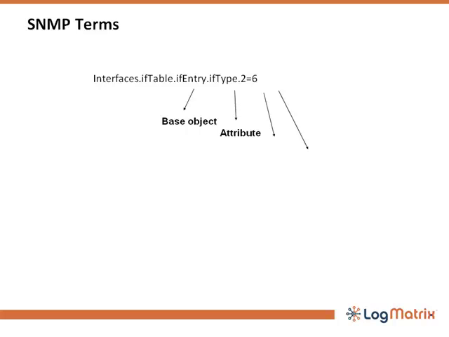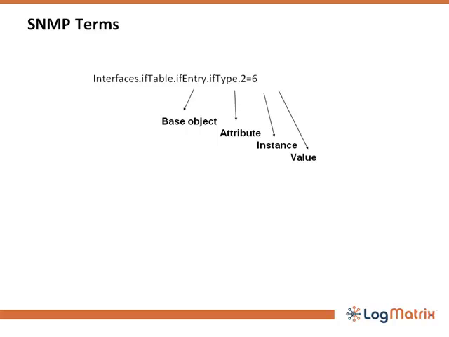The next is the attribute. That's the IF type. So I have a base object, dot attribute, and then the next, the .2, is the instance within the table, .2, .100, .600.